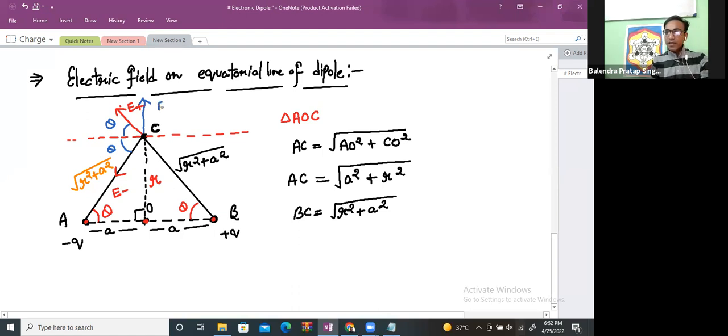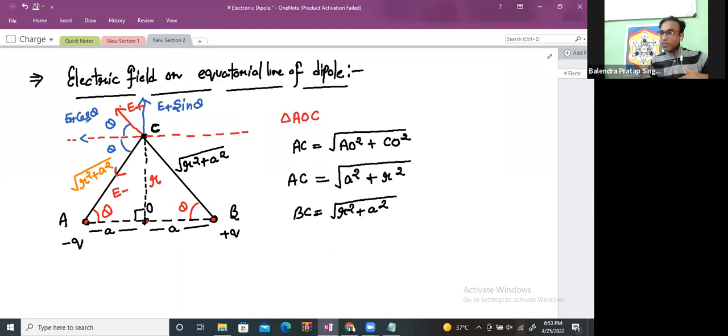So the vertical component is E plus sine theta. If you have any question, then ask. And what about this horizontal component? The horizontal component is E plus cos theta. It's all about geometry. Once you are done with the geometry, the other part is very easy. Now we have to resolve the vector E minus.